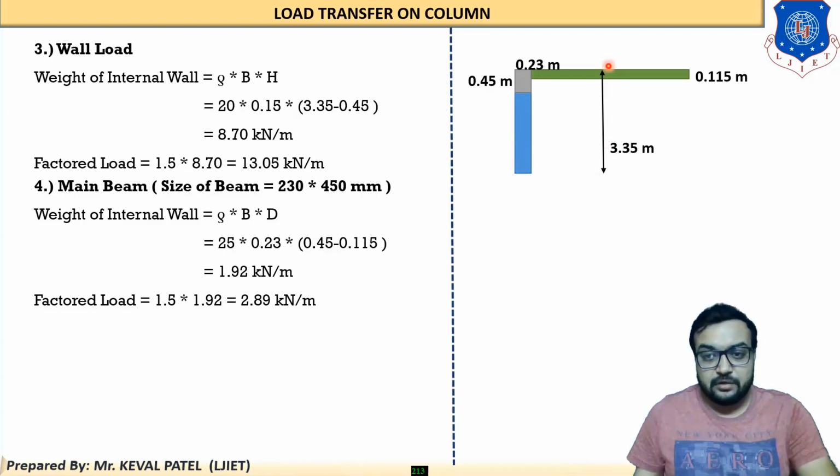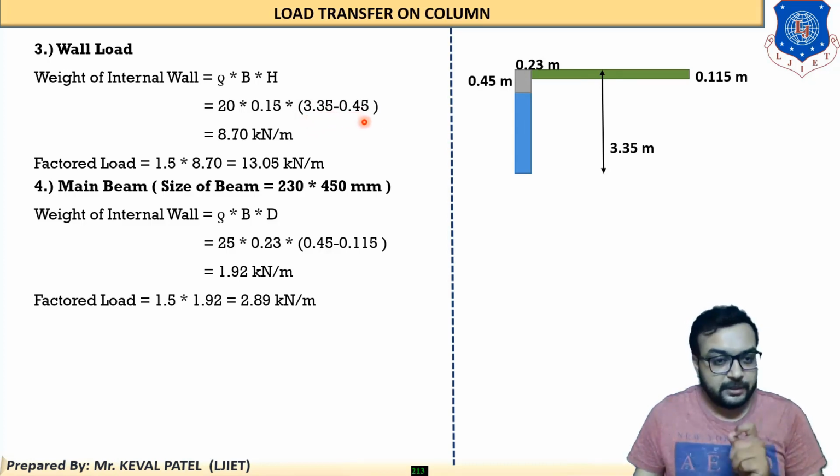If our story height is 3.35 meter and our main beam dimension is 230 mm cross 450 mm, our wall construction starts from here. So what is the height of wall construction? The height of wall construction is 3.35 minus 0.45. Make sure that you are all clear how to write 3.35 minus 0.45.